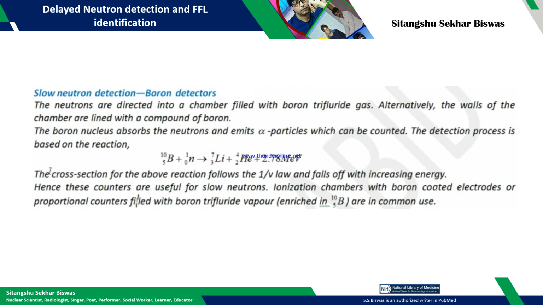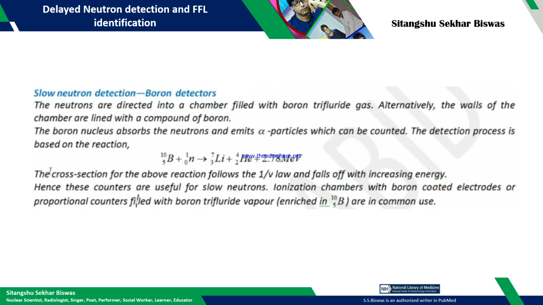Normally for slower neutron detection, the boron detector will be used. The neutrons are redirected to the chamber, which is filled with boron trifluoride gas.